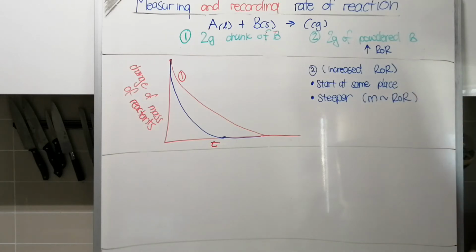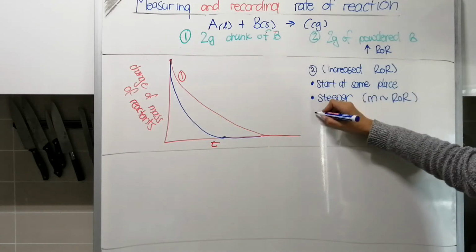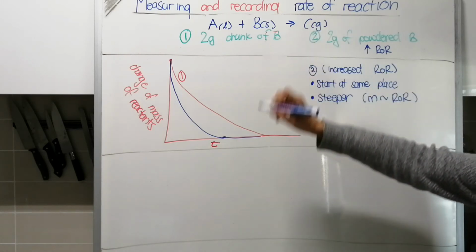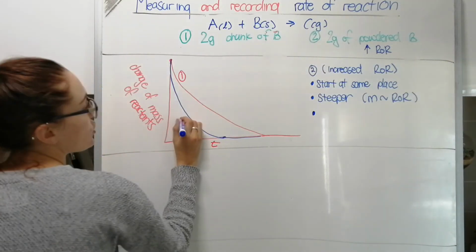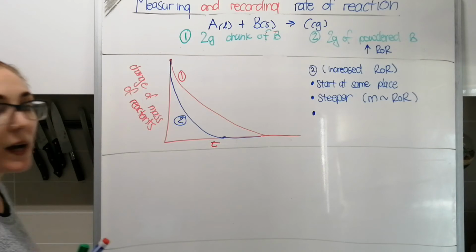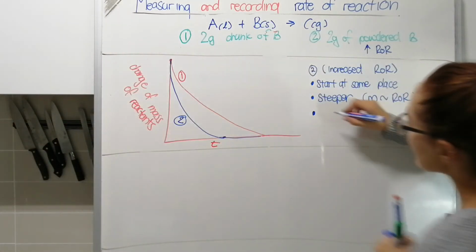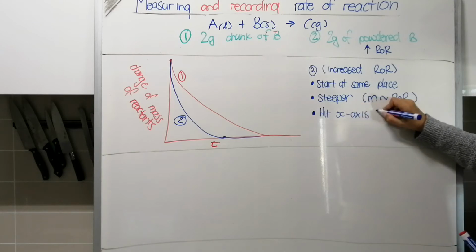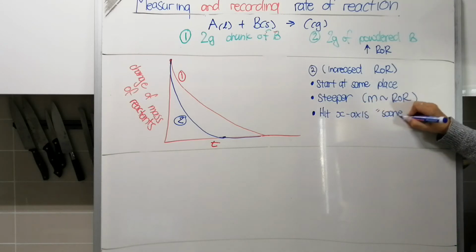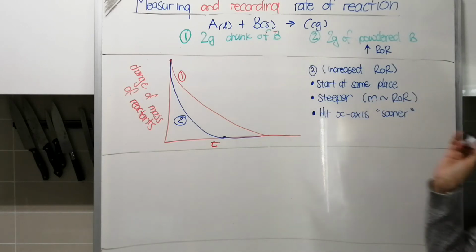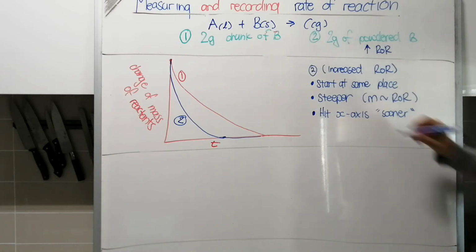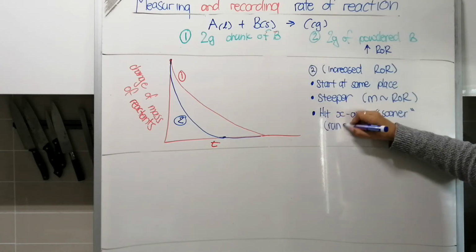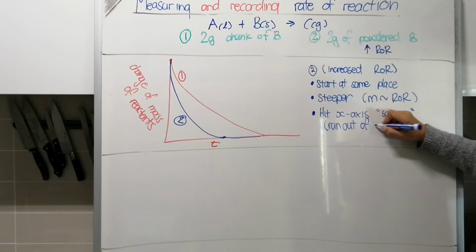The gradient is our rate of reaction. Okay, and then the third thing about experiment 2's graph, the bottom graph, the blue one, is that it's going to hit the x-axis sooner. Okay, by sooner, I mean basically closer to the origin, further to the left. The reason for that is because we run out of reactants sooner.